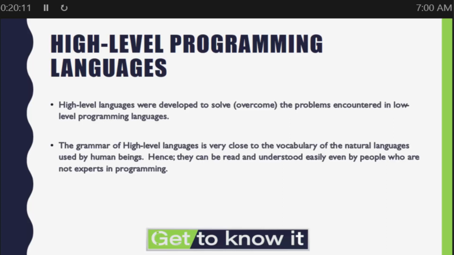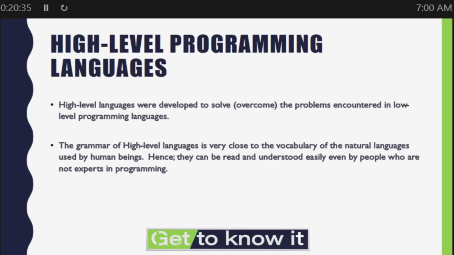This allows a programmer to concentrate on the functional details of the program rather than the hardware details. We also find that high-level language programs are machine independent, so they are not dependent on the hardware.